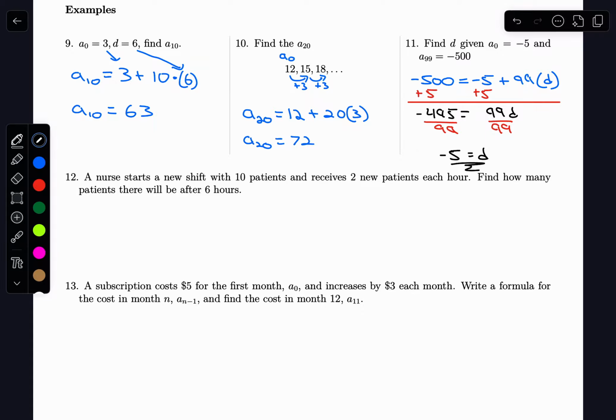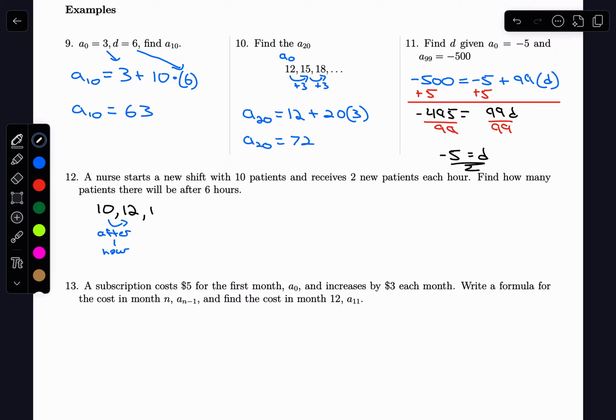So when the nurse gets there, 10 patients. Okay, so we start with 10. That's our first term of our sequence. Then every hour, the nurse is receiving 2 new patients, and this is going to happen for 6 hours. So after 1 hour, we're at 12 because we just add 2.